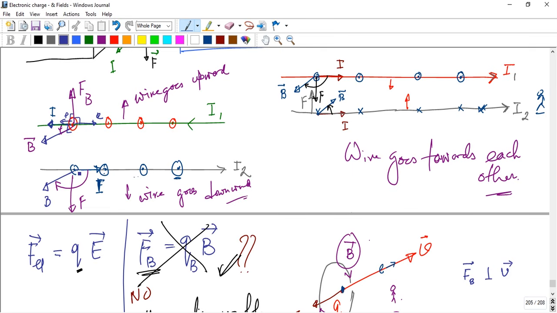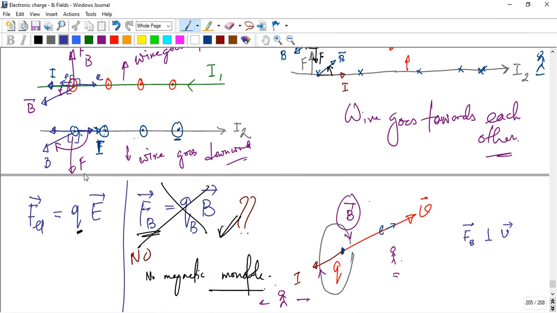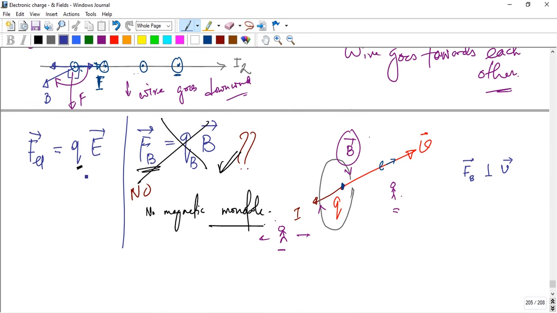Same case here, the current moves, these protons move in that direction, so electrons move in that direction. You choose any of the particles. So force is always perpendicular to the velocity of the charged particle, and that force is directly proportional to the velocity. With more velocity you get more force, less velocity means less force.